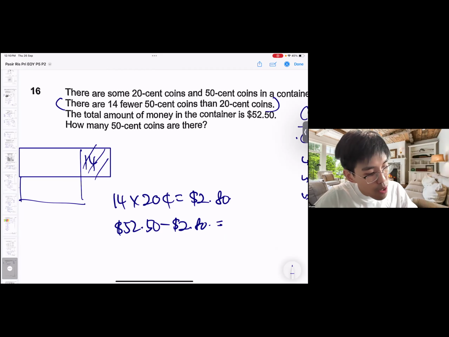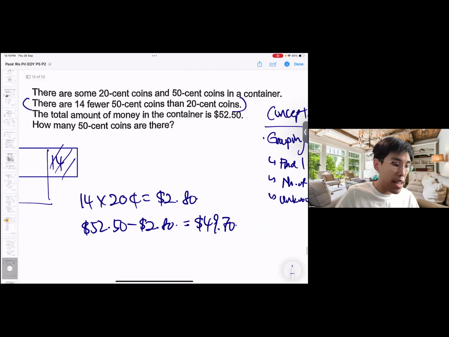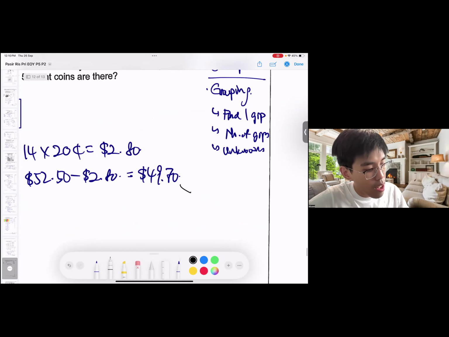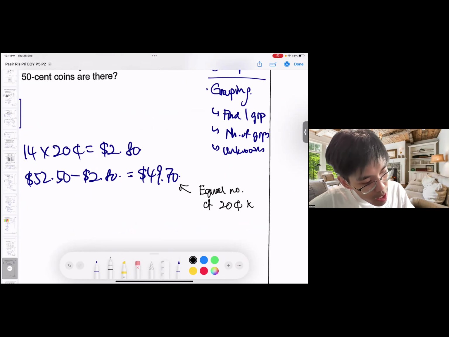Okay, let's reinforce again. What does this $49.70 mean? It means an equal number of 20-cent and 50-cent coins.